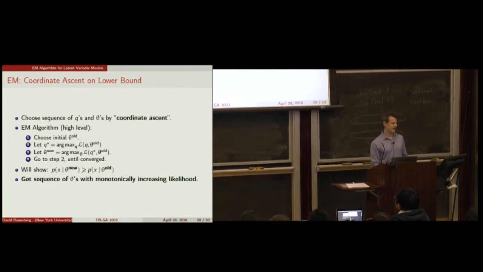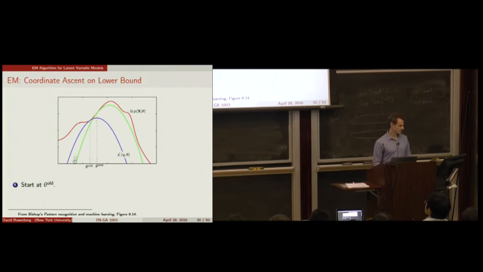That's not necessarily obvious from here. As we get a new theta in every round, certainly the lower bound keeps increasing. L(Q star, theta) will keep increasing because all we do is keep stepping to a new point that's the maximum. So we can only be increasing L(Q, theta). What's interesting is that we also have increasing likelihood of theta.